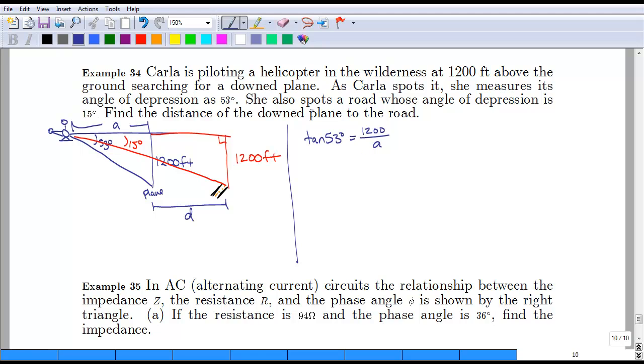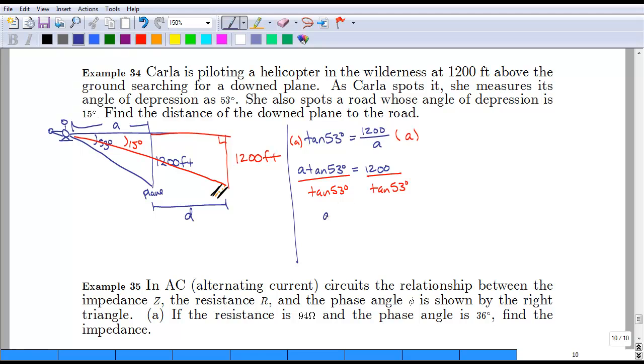And in this case, if we multiply both sides by A, we get A times the tangent of 53 degrees is equal to 1,200. And then we need to divide by that tangent of 53 degrees.